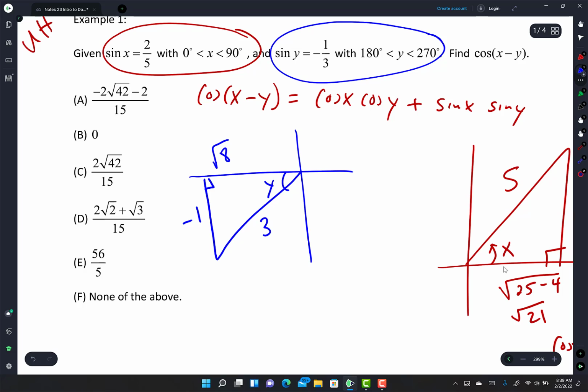So square root of 8, put a negative in the front because you're in quadrant 3. Now square root of 8 can also be written as negative 2 square root of 2. Are we okay? Let's see, they give me sine y, so I'm going to need cosine y. Cosine y is going to be negative 2 square root of 2 over 3.